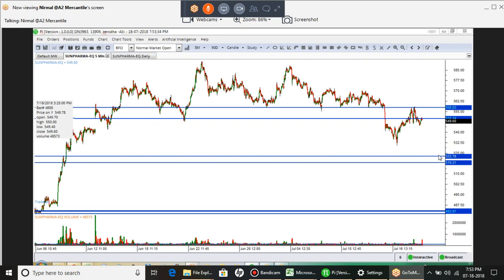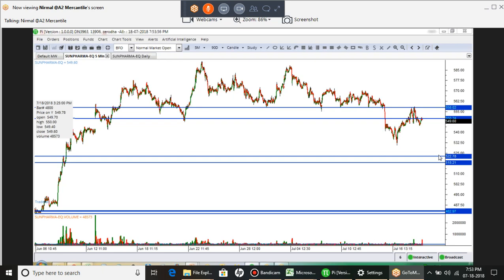Tomorrow morning I wake up and sell Sun Pharma at 550 level, and say I get some 1 rupee premium also. My target is 520, so I'm trading for 30 rupees.